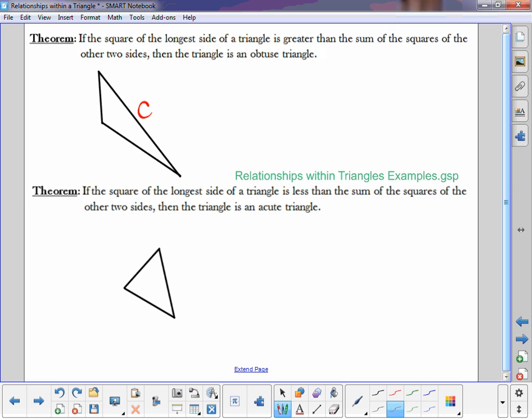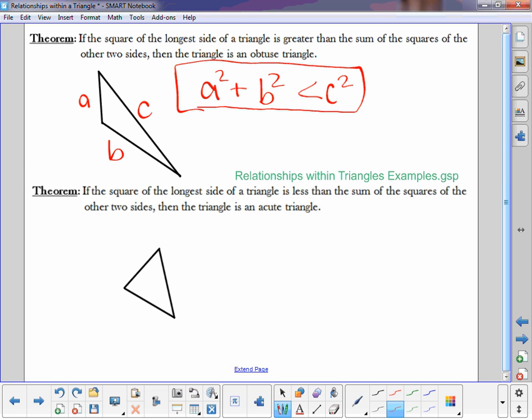Alright, and then we let the legs just be A and B, right? So what this theorem says is that the square of the longest side, so C squared, is greater than the sum of the squares of the other two sides, A and B. So go ahead and write this on your paper.